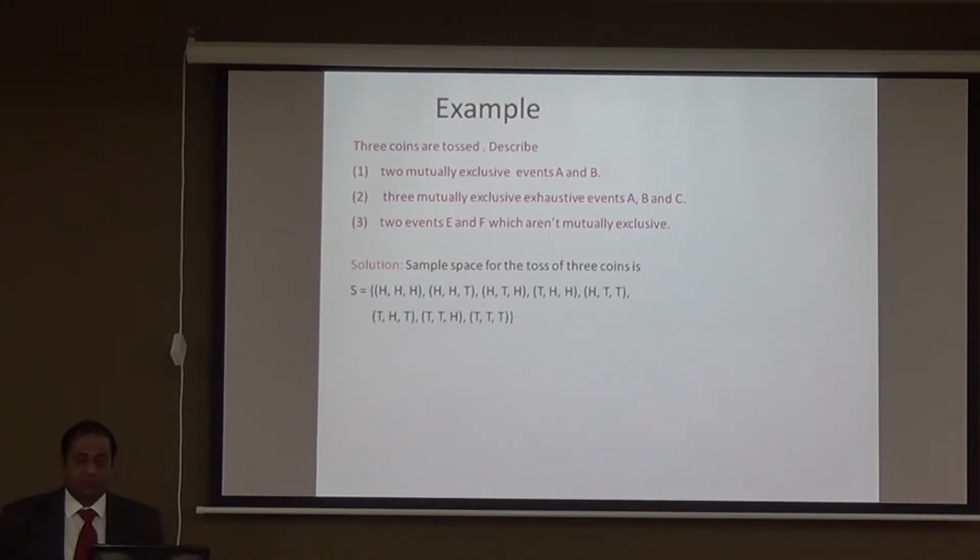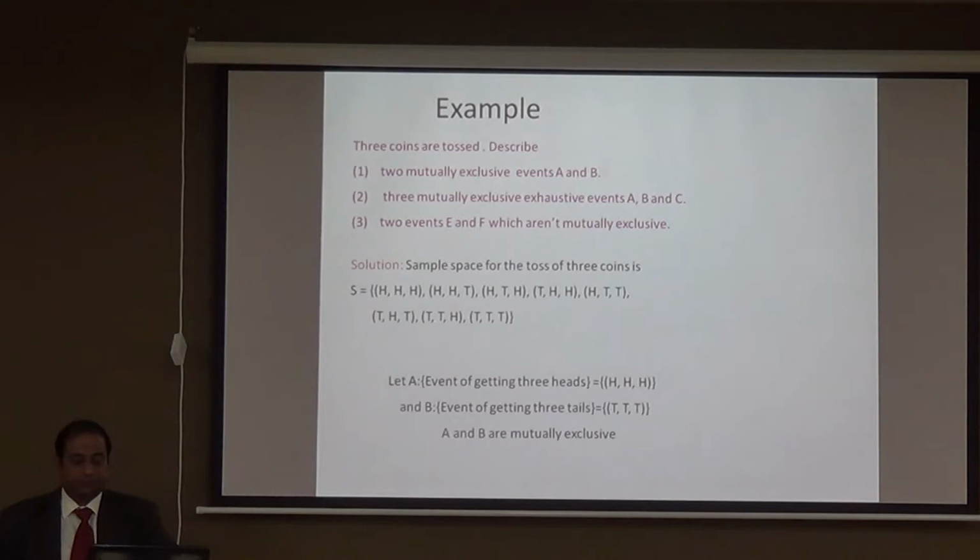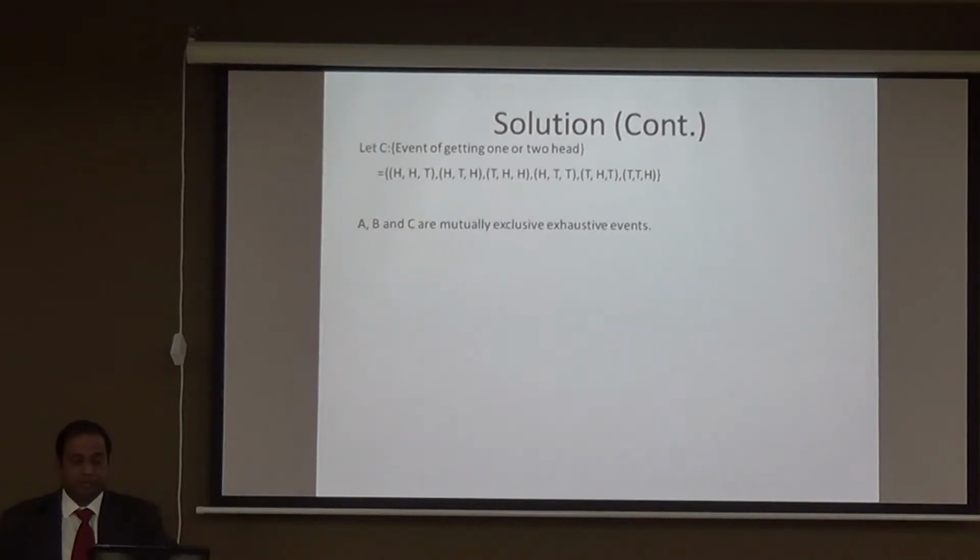The sample space for the toss of three coins has 8 elements: HHH, HHT, HTH, THH, HTT, THT, TTH and all three tails. Event A is getting 3 heads, that is H, H and H. Event B we consider getting 3 tails, T, T, T. We find nothing is common between them, so they are known as mutually exclusive events.